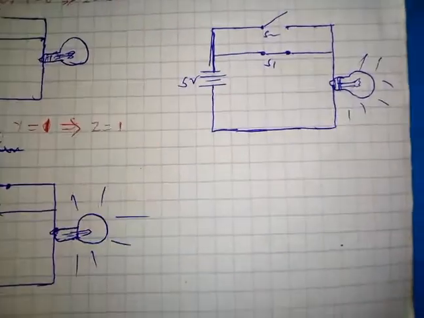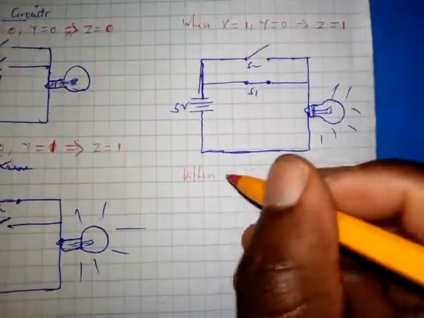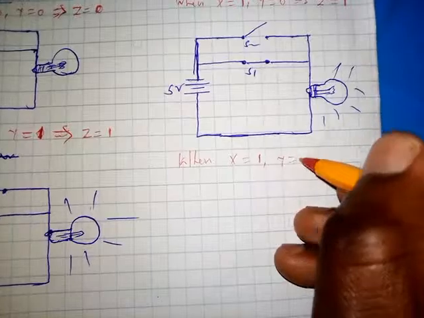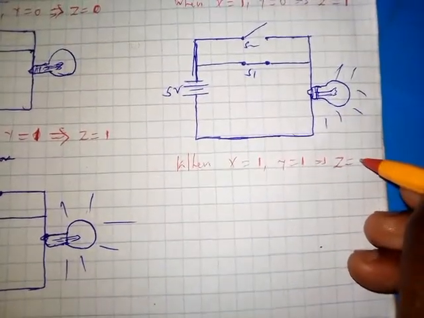And then the last one, when X is equal to 1, Y is equal to 1, Z is equal to 1.